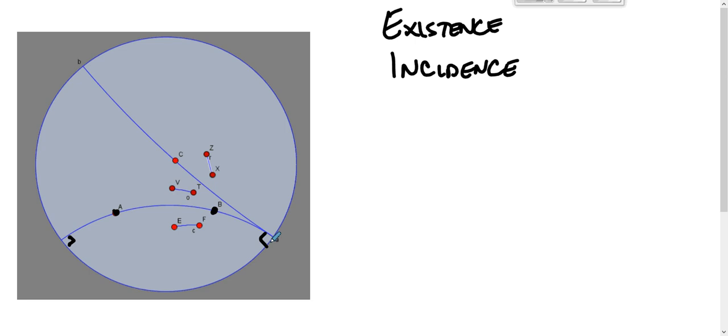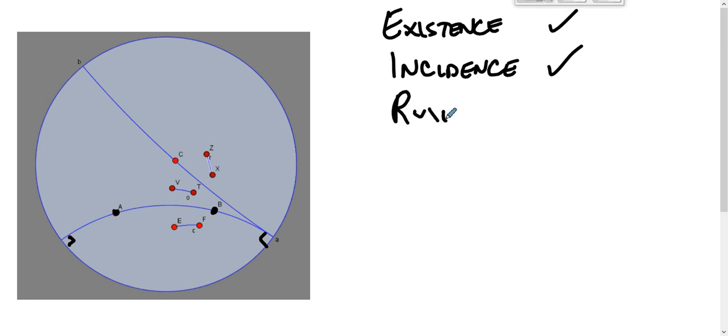And sure enough, it certainly can be proven that given 2 points A and B, there is a unique circle that is orthogonal to the boundary circle at the points of intersection. So existence is easy to check. Incidence also checks.